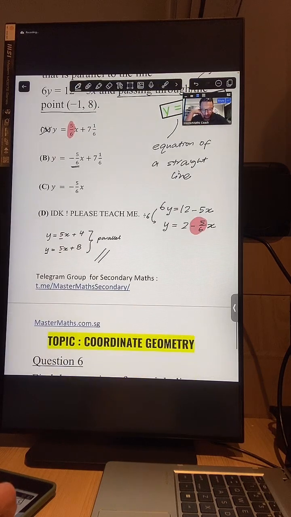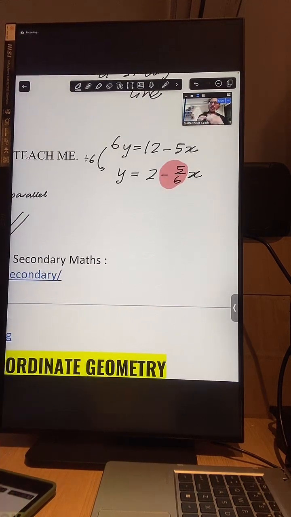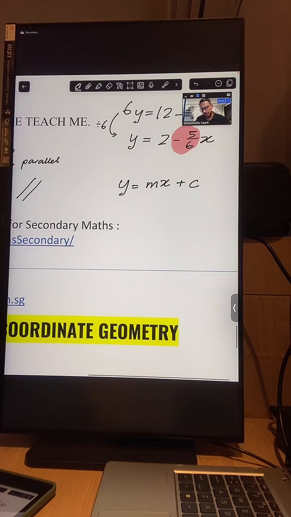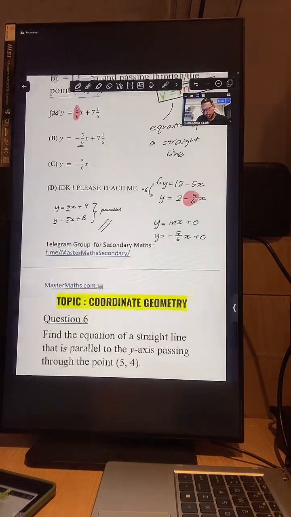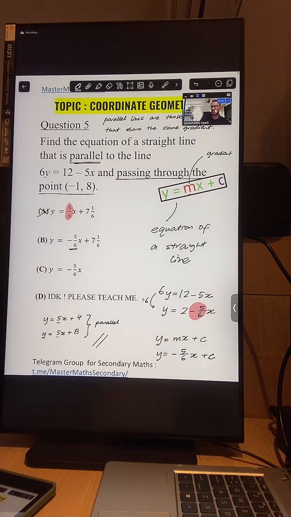Okay, how? We know that every straight line has an equation in the format y equals to mx plus c. Here, your m is going to be negative 5 over 6, because the line is parallel to the line 6y equals to 12 minus 5x.